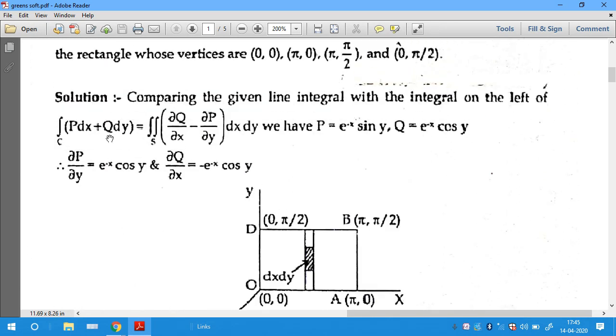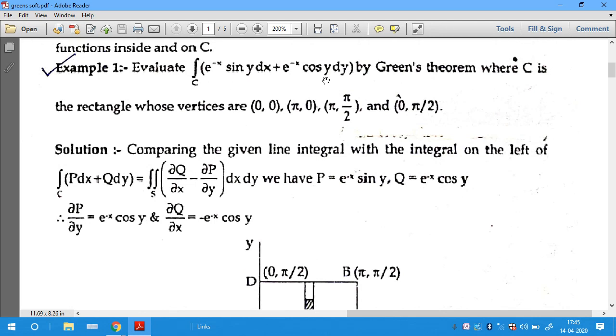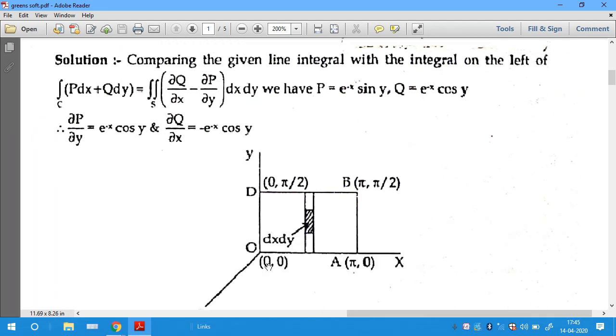over C, which is of the form P dx plus Q dy. So the main use of Green's theorem is to evaluate the line integral. Here we would have to evaluate 4 line integrals according to the positive, anti-clockwise direction. We need to calculate the line integrals OA, AB, BD, DO.